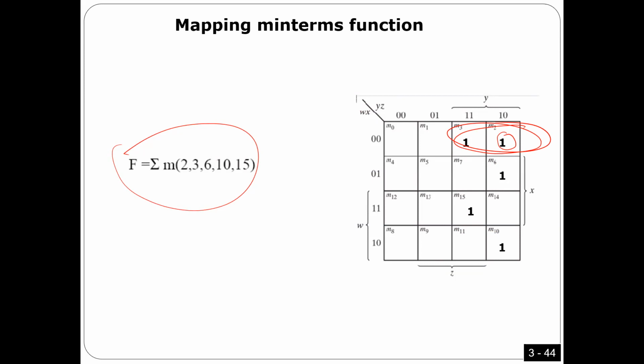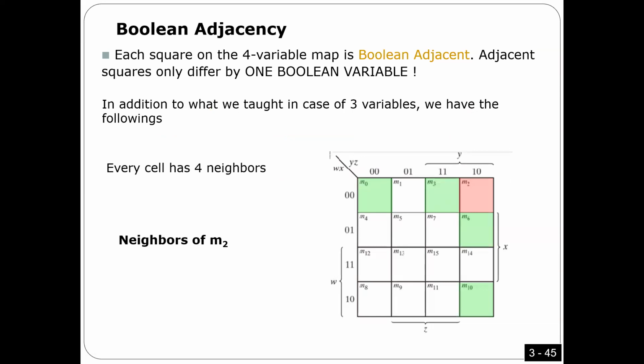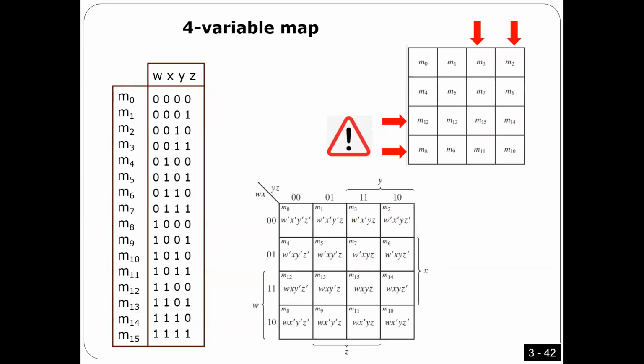Anyway, here we made the definition before about adjacency, or who are the neighbors of each square. I told you a square is a neighbor of another square if there is only one change in the variable.